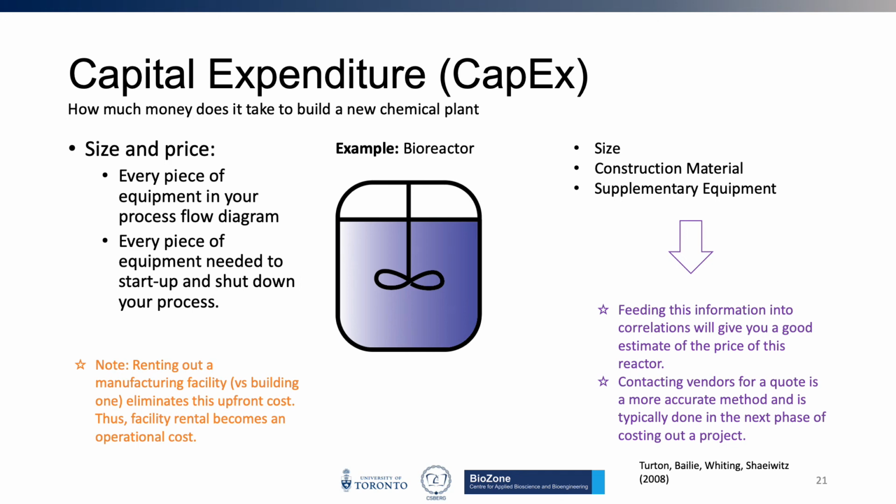This is becoming more and more common, especially as more startups get into the bioeconomy or biotech industry, because as a new company, you're not going to have hundreds of millions of dollars to build a plant just to make your product. You would need to make your product, show that it sells, and then if it's successful, you get to build a facility around it. So that's one thing that I wanted to emphasize.